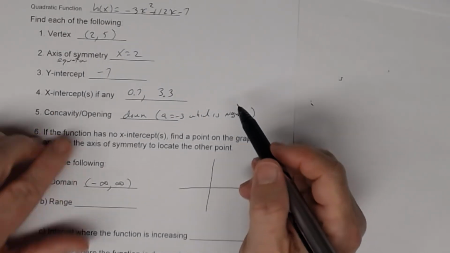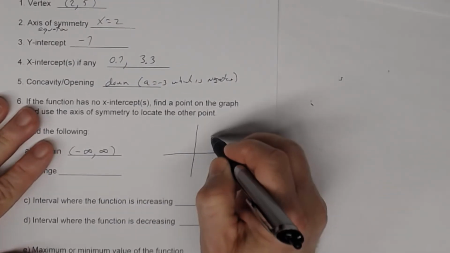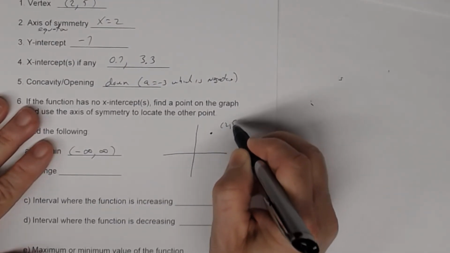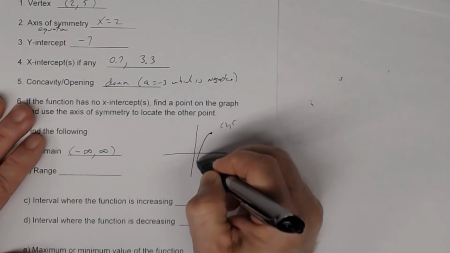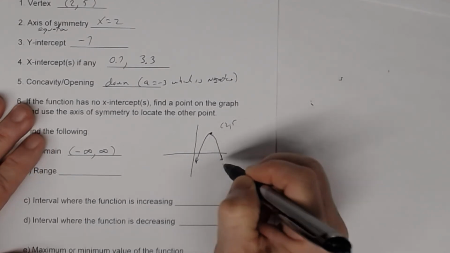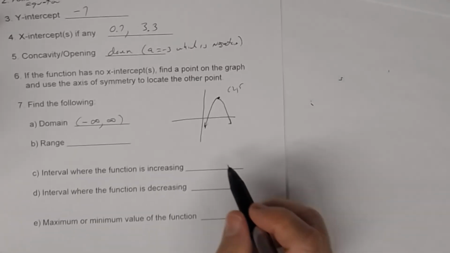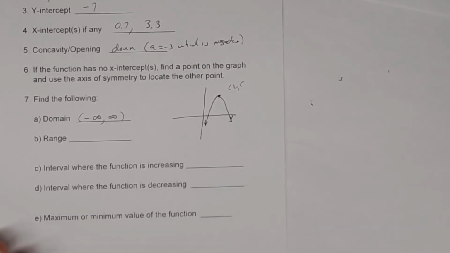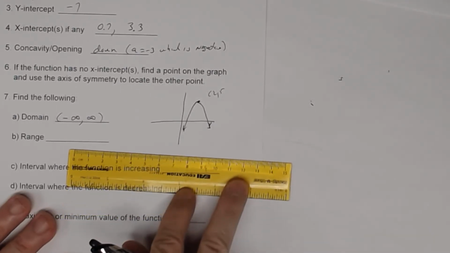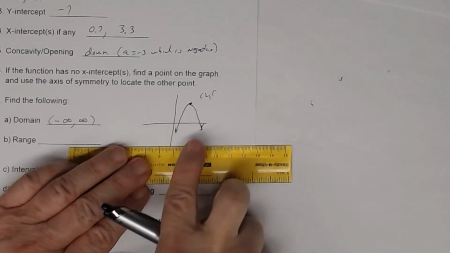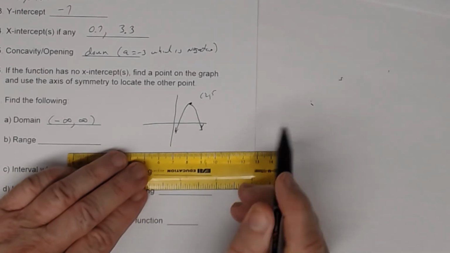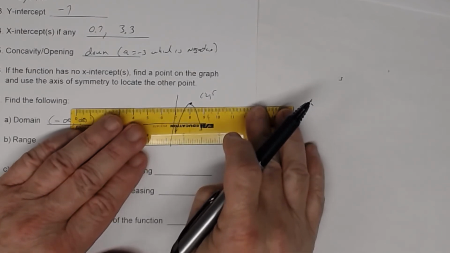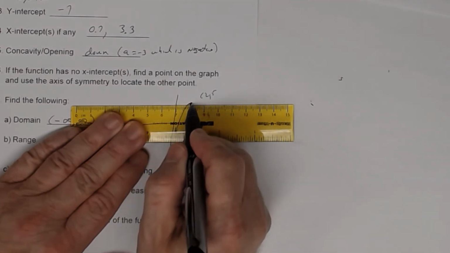So for example, the vertex is (2, 5). That's in the first quadrant. And I know that my parabola opens down, so that's something like this, right? Now let's talk about the range. Remember, the range is the set of y coordinates on the graph. Notice these arrows are pointing down, so I'm going from negative infinity, and then I stop at that vertex right here.